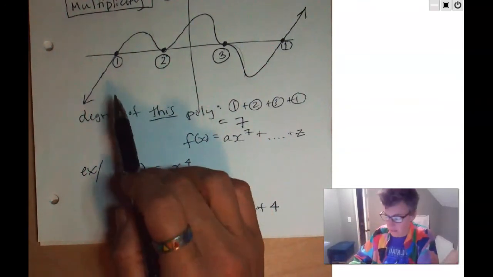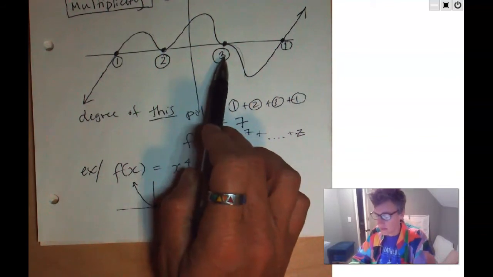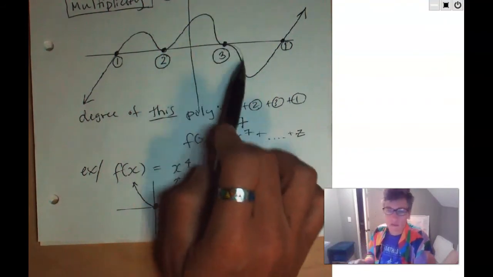But this is the most common: 1 when it goes straight through, 2 when it bounces off, and 3 when it kind of changes its direction there.